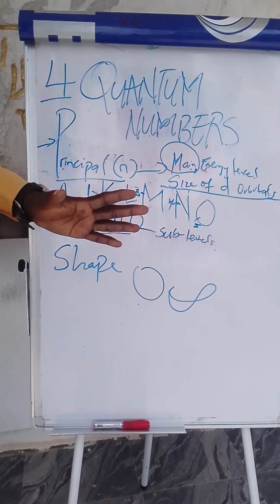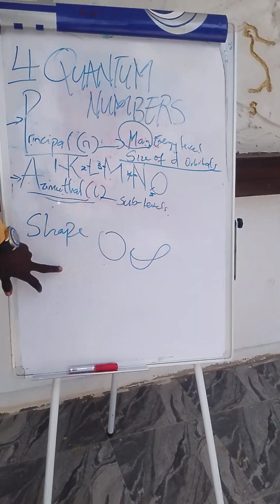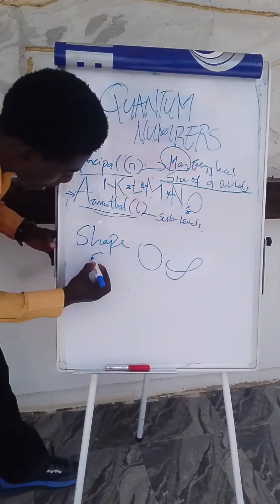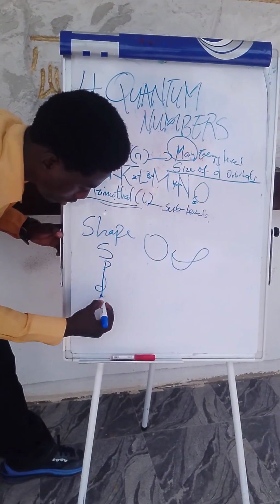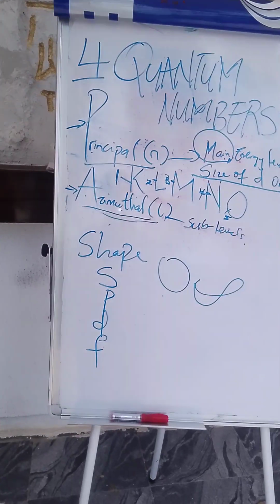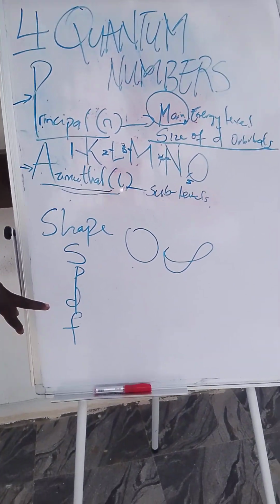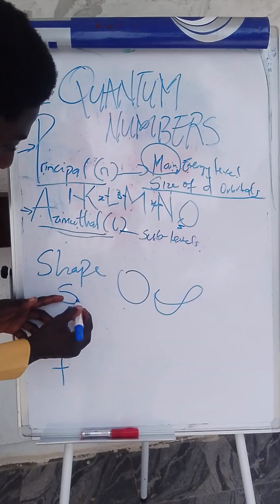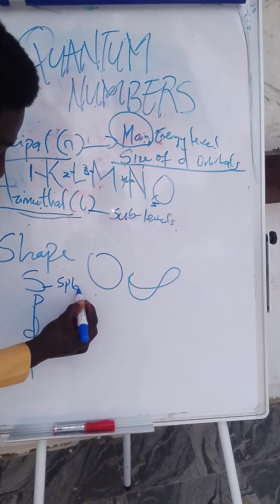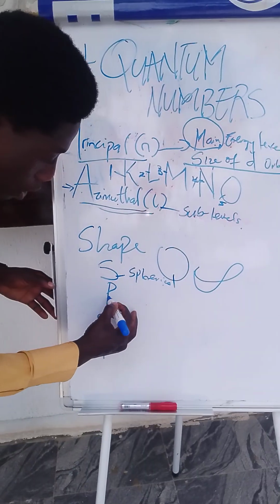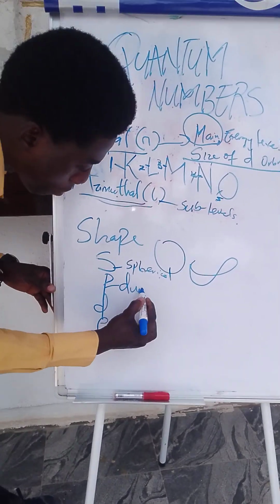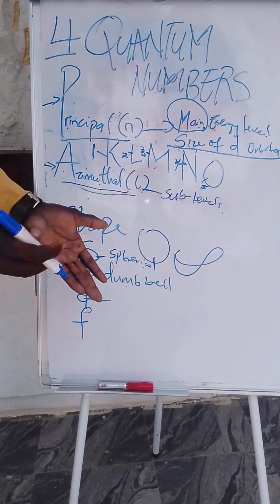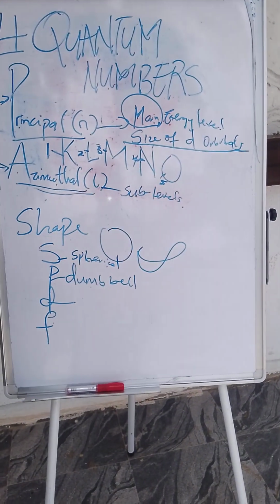This brings us to s, p, d, f. The s is spherical, then the p is dumbbell, then the d is double dumbbell, and so on.